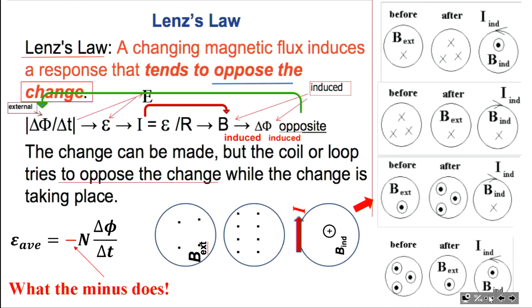So the meaning of this is simple. When magnetic flux changes, the induced magnetic field might help increase, speed up that change, or might slow it down, kind of damp it, decrease that change. And to do that, the induced magnetic field might either have the same direction as the external magnetic field, and that will help the change.